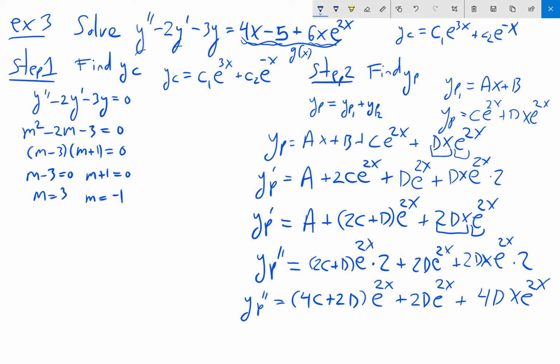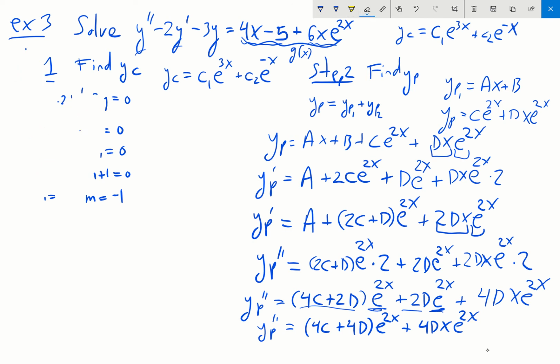And we can do it one better because these two are both e to the 2x terms, so we can add those coefficients. And we get that y p double prime is going to be 4c plus 2d plus 2d, which gives us 4d, e to the 2x plus 4dx e to the 2x.